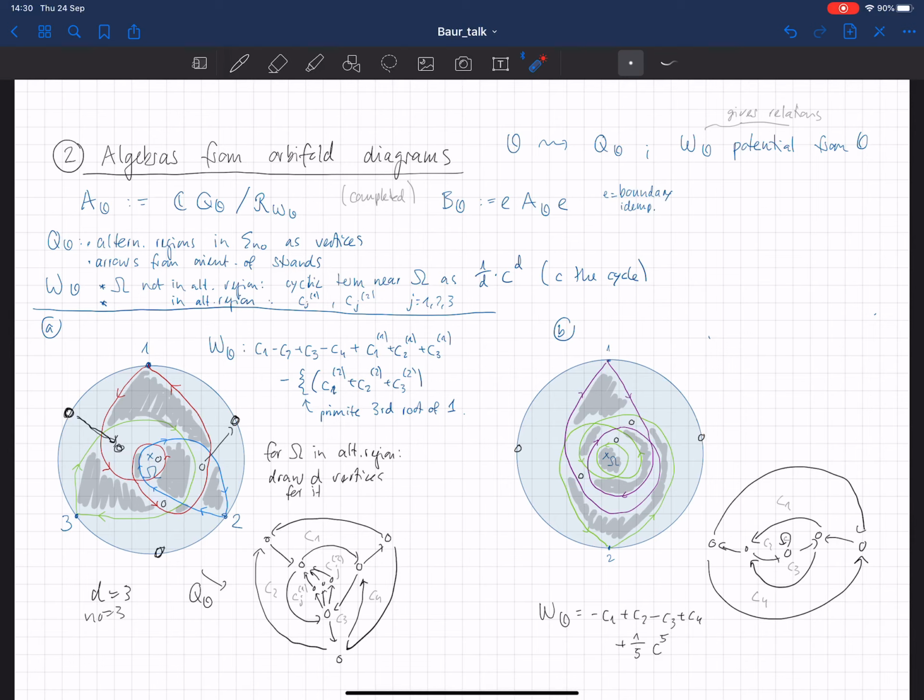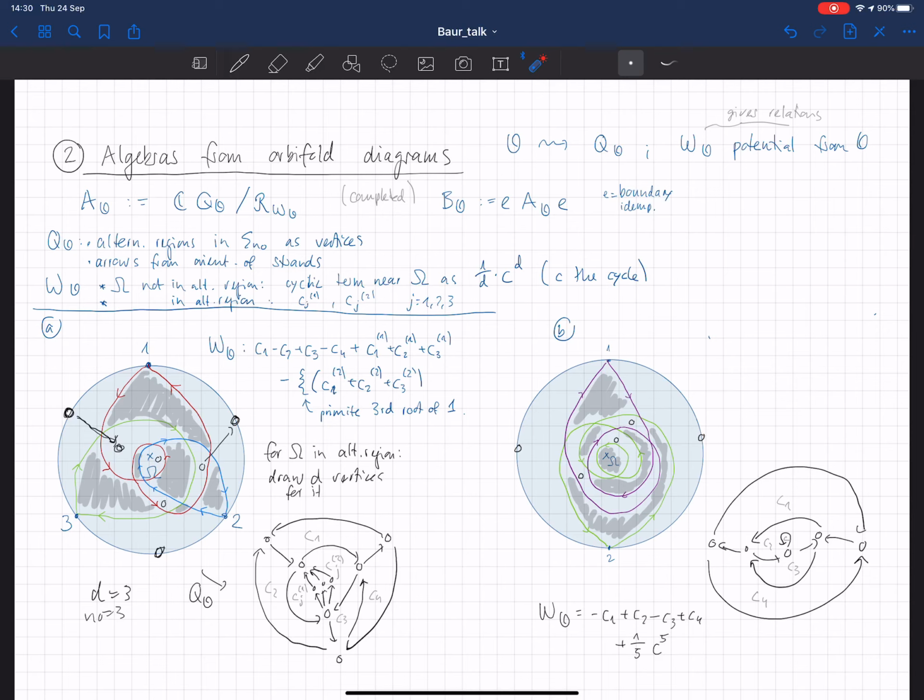Now I should say how this potential is defined. Inside the quiver, I've drawn clockwise regions and anti-clockwise regions. I call them C1, C2 up to C4. And then the clockwise and anti-clockwise regions around this special vertices in the middle, they come in 3 pairs. So it's not a planar graph anymore. It should look like you have 3 disks glued to each other along this middle 3-cycle.